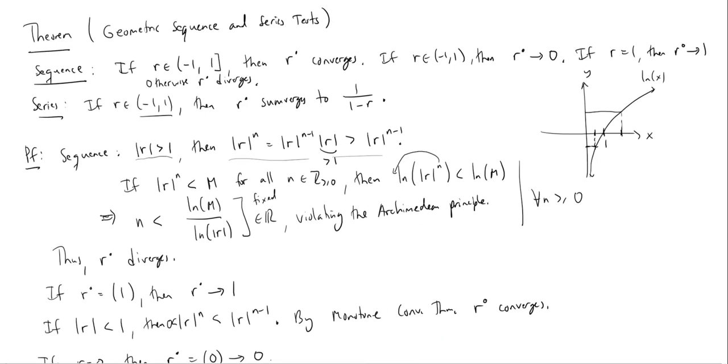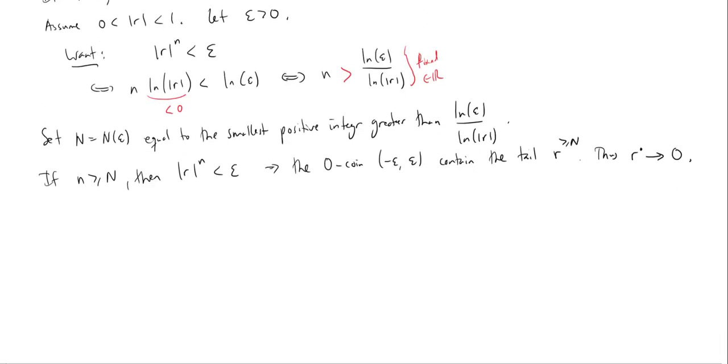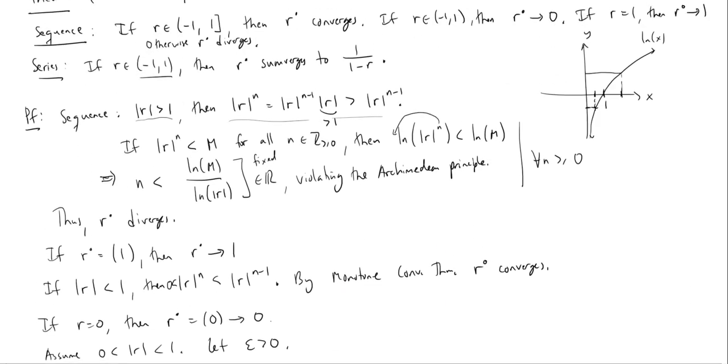Now, what do we do when we get to series? So now for series, remember we're only looking at r's between -1 and 1 because those are the only ones that will have a chance. We could have written this up here.